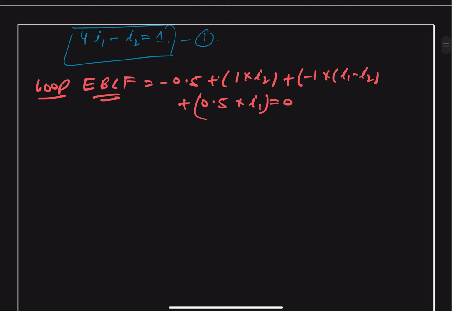So this gives an equation that minus I1 plus 3I2 is equal to 0.5. So this is equation number 2.